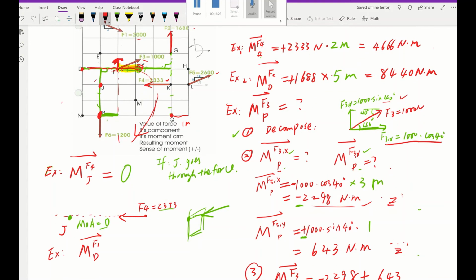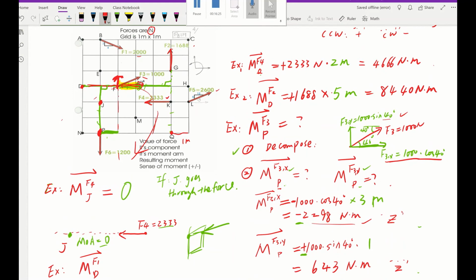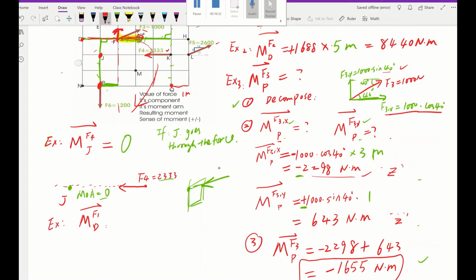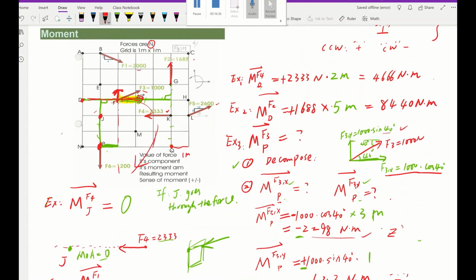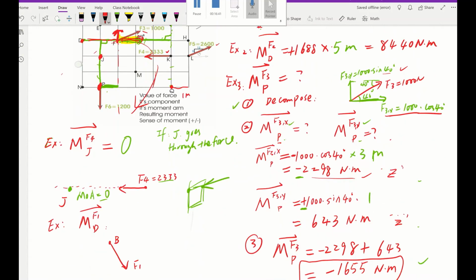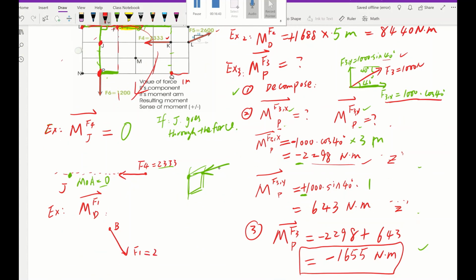How do we solve that? F1 first is slanted, so we're going to use the same thing we did for this example 3. We're going to decompose. So let's take out the F1, and F1 is equal to 2000.